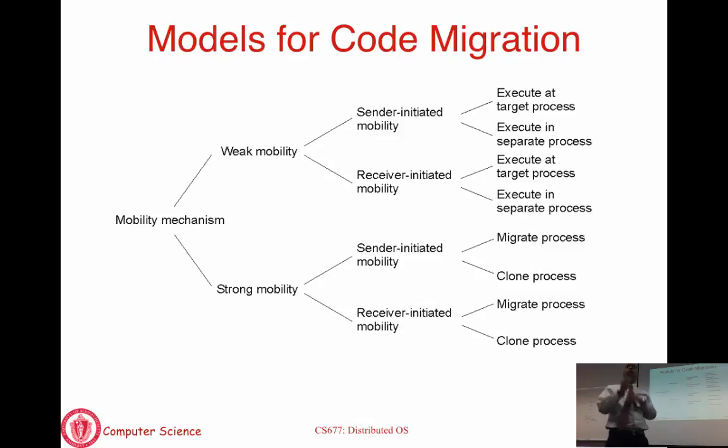In the end, if you take each of those dimensions and make different combinations, you'll have various different variants of process and code migration. Depends on sender versus receiver, target process, new process. So you'll get all of these combinations. Okay, so that's really looking at it at an abstract level. We'll go into more details now of what are some things that could go wrong. Any questions on this before I move on?